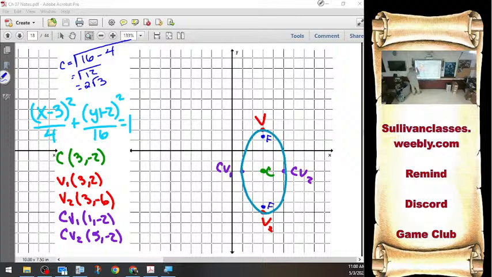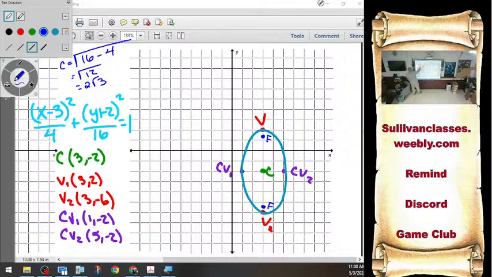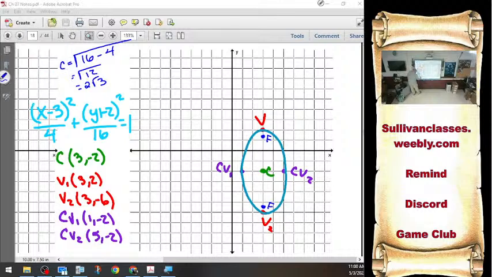And then down here, I'm actually going to cheat with this one since they're radicals. I'm going to say that my foci are at 3, -2 plus or minus 2 root 3. Or you can label them separately.